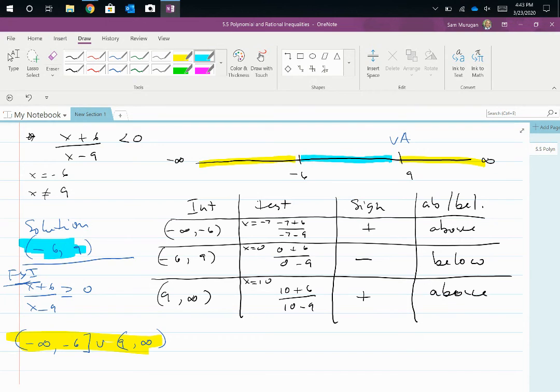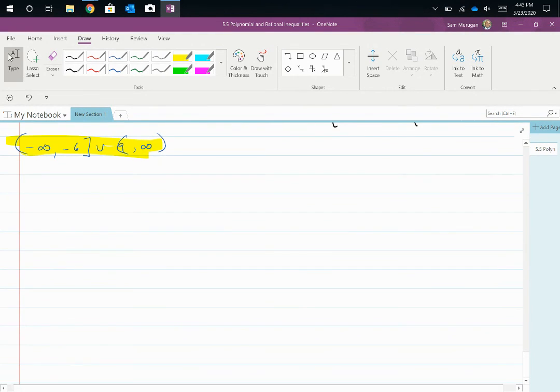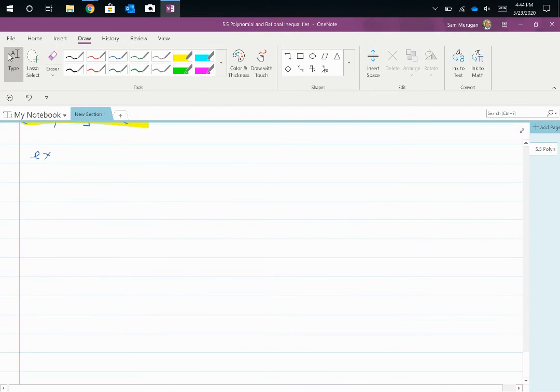All right, the final type of problem that we have to consider is if the inequality is not set equal to 0, such as x plus 20 over x minus 16.